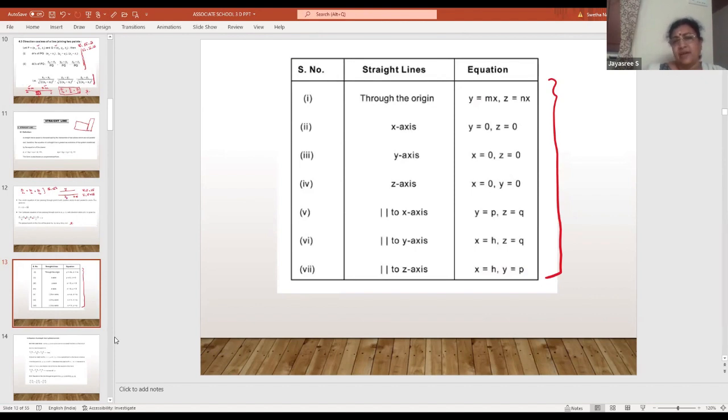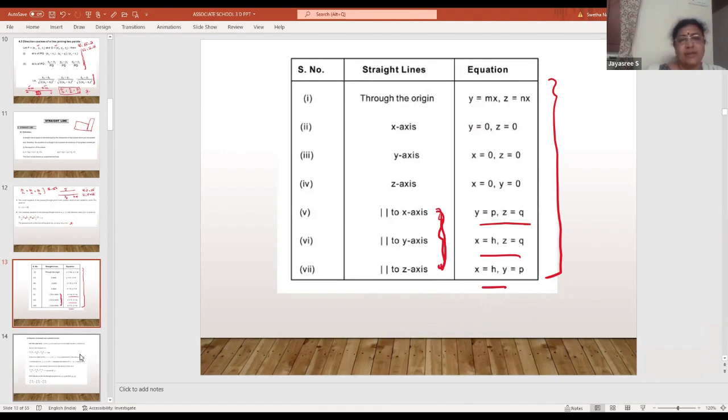In terms of z, x equals mz and y equals nz. Equation of the x-axis: in 2 dimensions y equals 0, in 3 dimensions y equals 0, z equals 0. Equation of the y-axis: x equals 0 and z equals 0. Equation of the z-axis: x equals 0 and y equals 0. For parallel to the x-axis, after introducing the pattern, once again I'll come back to this slide and we will talk about this.